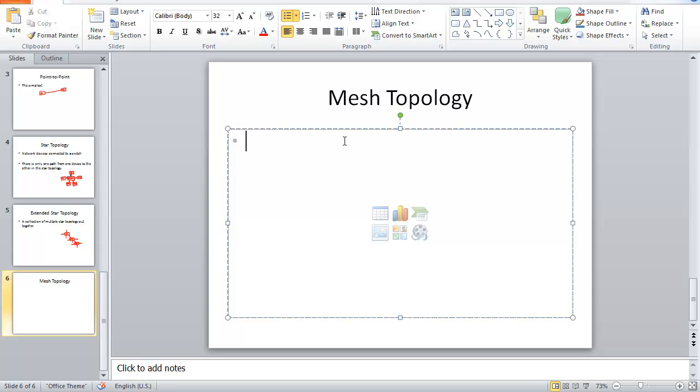So when you have only a single path between the hosts, you can quickly recover from a failure if you are talking about a single network and you have full control over it. So it's not a big issue.